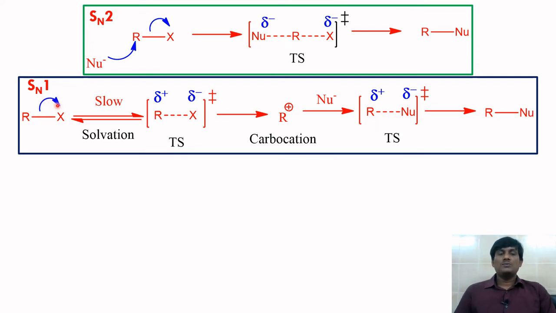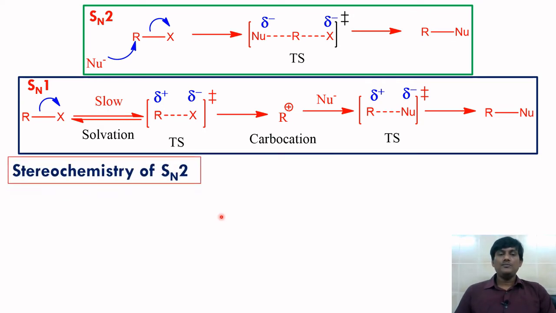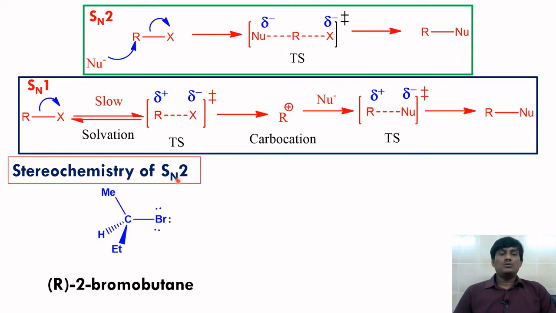Let's take the stereochemistry of the SN2 reaction. In this case, I have taken R-2-bromobutane. This one is optically active. The configuration is R. When you react it with OH minus, this one attacks the reaction center from the backside to the leaving group, and there is a formation of a pentacoordinated transition state.